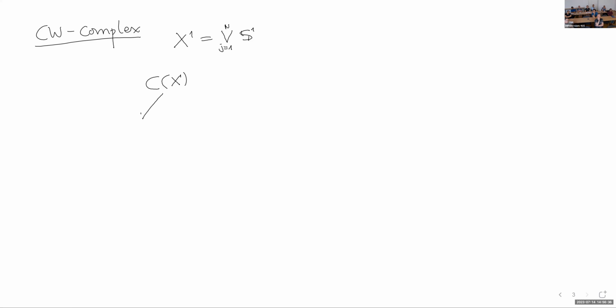So here we have a map, I think it was something like phi. Well, no, let's take C1, CS1. And why do you call it X1? Because it's the first step, the one skeleton. Okay. So we can take here the pullback of the quotient map.